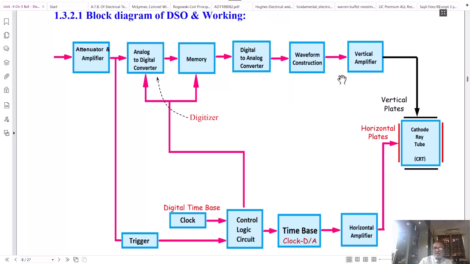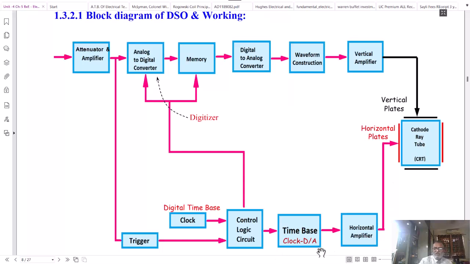The vertical amplifier gets the input from the input channel, whereas here we get the signal which is digital in nature. So it should be converted back to an analog signal using a digital to analog converter. And then this analog signal is given to the vertical amplifier that deflects the beam of the CRT vertically.